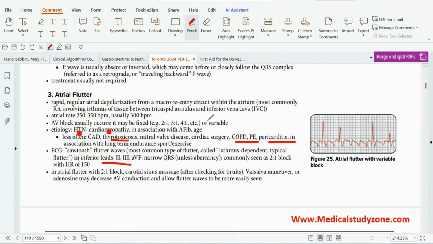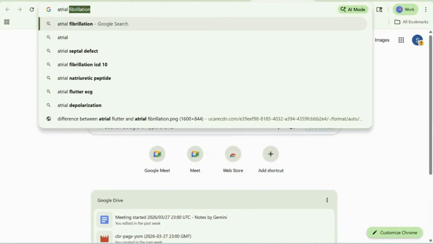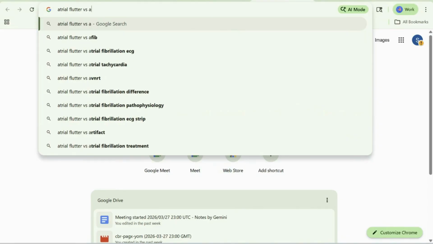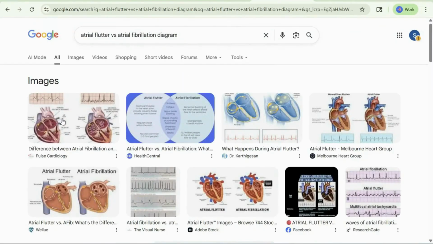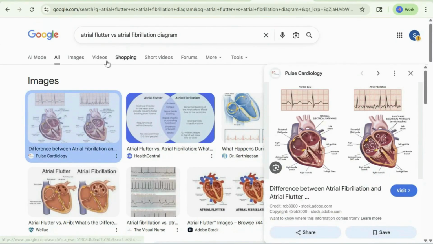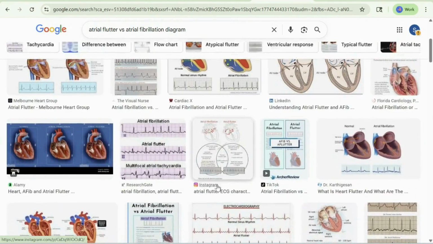Next comes atrial flutter. The diagram you need to see is atrial flutter versus atrial fibrillation: when is it sawtooth, and when is it an abnormal impulse? What I need you to visualize is how they circulate through the atria and the ventricles.